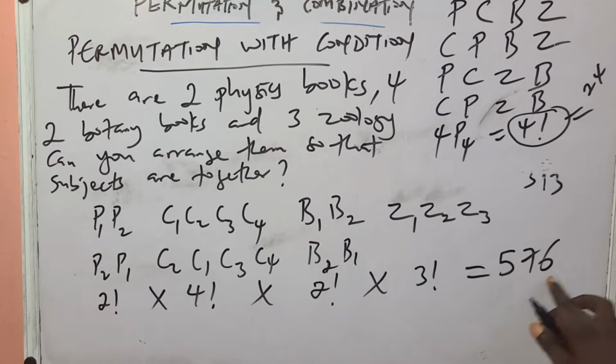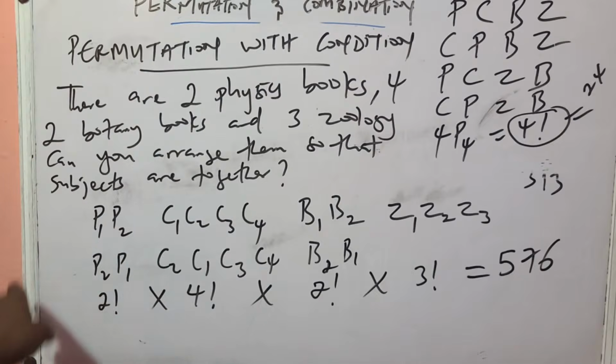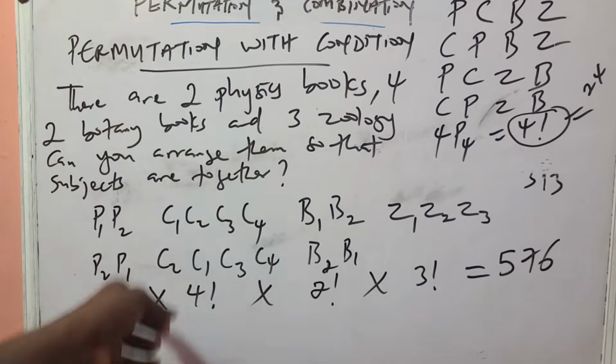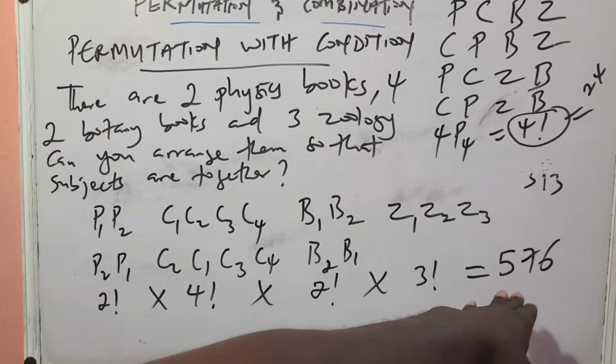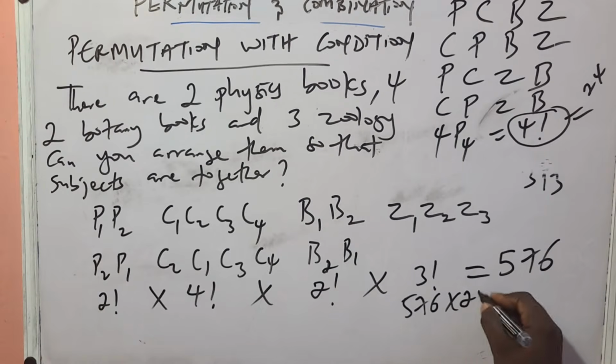Now, this 576 we got here was the number of ways we could arrange individuals. That means we can have physics 1, physics 2, chemistry 1, chemistry 2, chemistry 2, chemistry 1. This is 576 ways. So the way you get your final answer will obviously be 576 times 24.